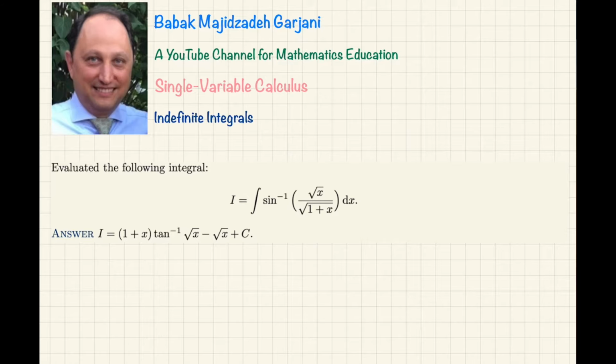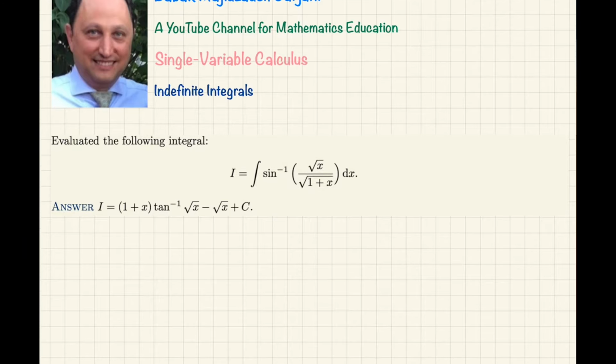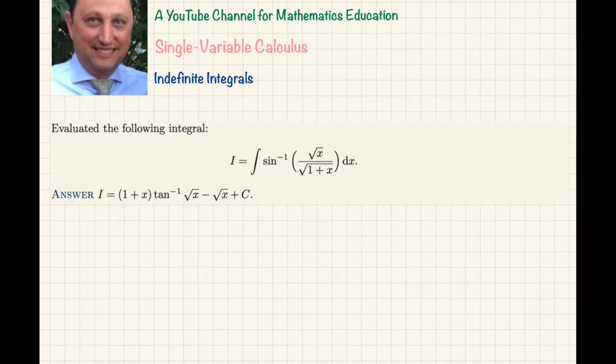Okay, let us now solve the problem. One thing that I want to mention, because I want to do a change of variable here, is that I want to make sure about the domain of this function.